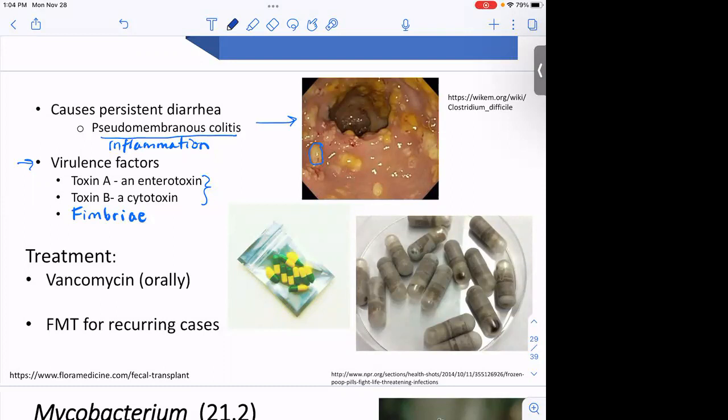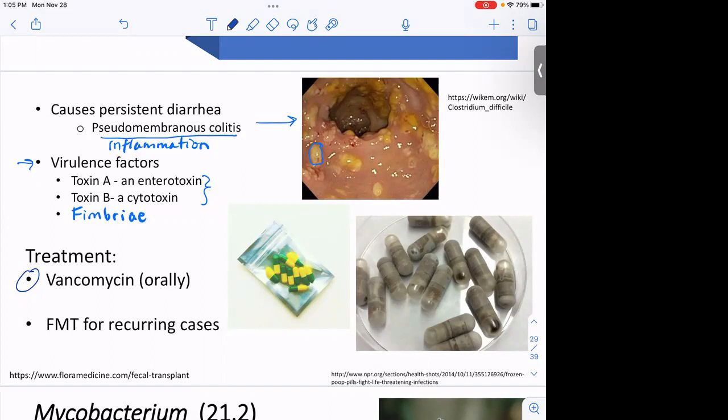Treatment of this nasty, persistent diarrhea, first thing that they always try is vancomycin. We take that in pill form, maybe try a couple different courses of that. And oftentimes that will work, especially if somebody maybe young and otherwise healthy contracts C. diff after going on some other kind of antibiotics.